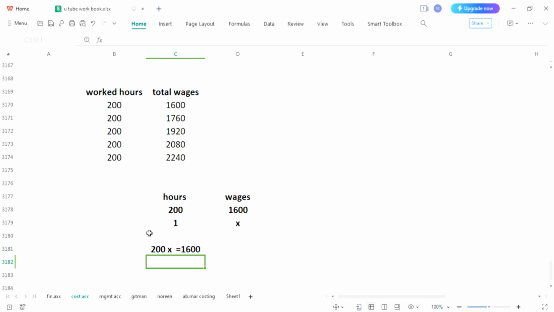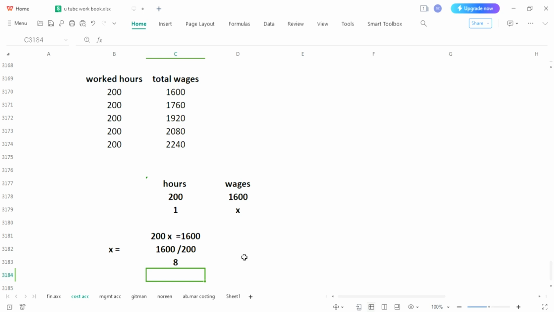Now the next step: 200 is multiplied over here, so you want to take it to the right side. 1600 is already present on the right side. When you take 200 to the opposite side, it will be divided, and on the left side you will have x only. Finally you get your answer: 1600 divided by 200.